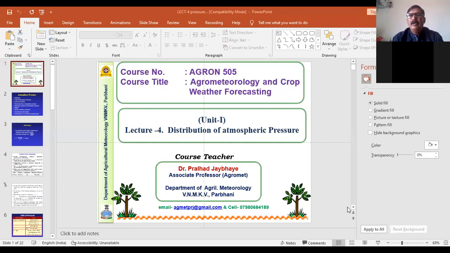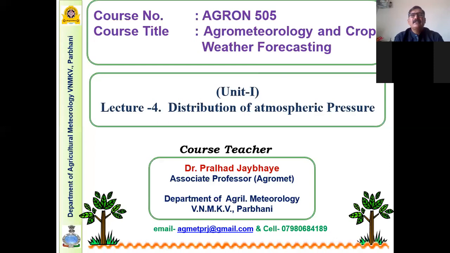So in the last 3-4 lectures, we have tried to cover agrometeorology and crop weather forecasting, some of the syllabus in unit first. First was the general information about the atmosphere composition, then layering of the atmosphere.